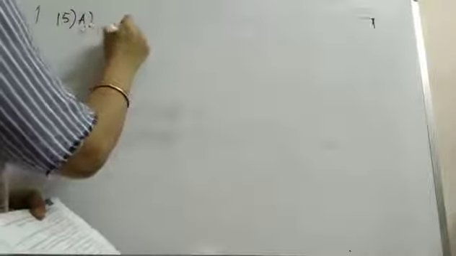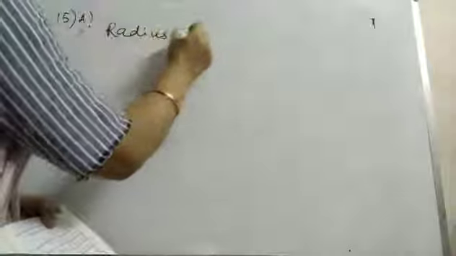Sum number 3. The whole surface area of a solid hemisphere of radius 7 centimeter, that is radius equal to 7 centimeter, is given.